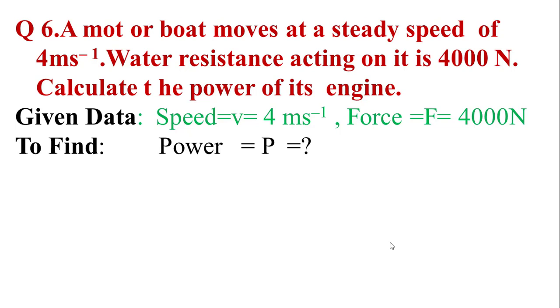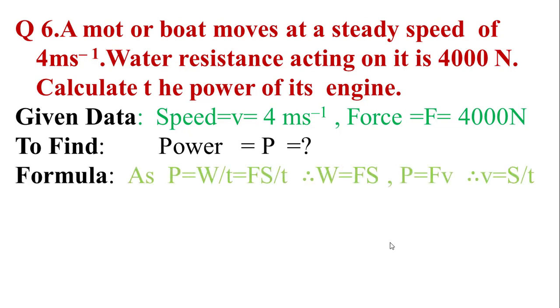To find power, we know that power P is equal to work upon time. Here the given data is speed and force, so we can convert this formula into power, force and velocity. Power is equal to work upon time and W is equal to Fs.